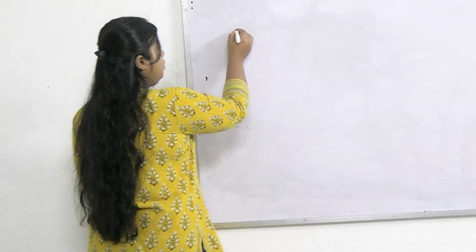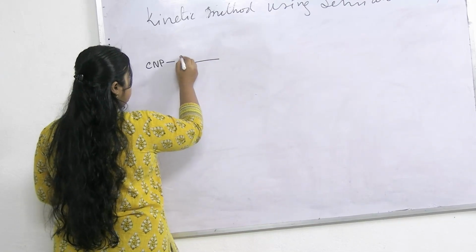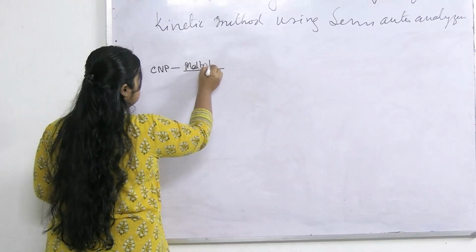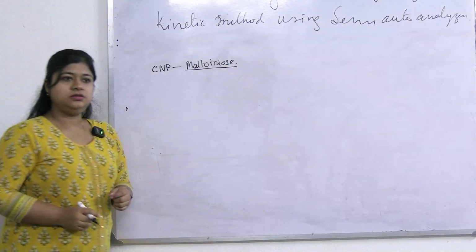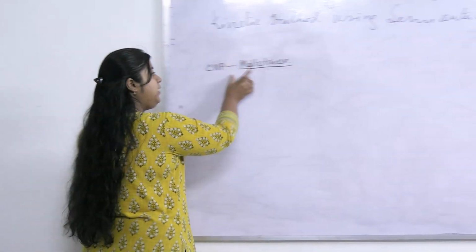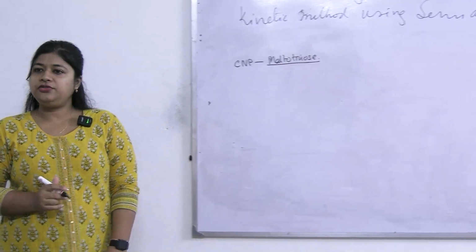Okay, so 2-chloro-4-nitrophenol glycoside is nothing but this chloronitrophenol attached with a maltotriose. So three groups of maltose attached with chloronitrophenol.